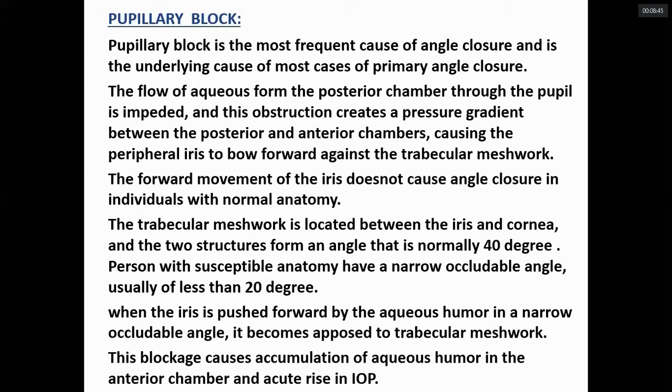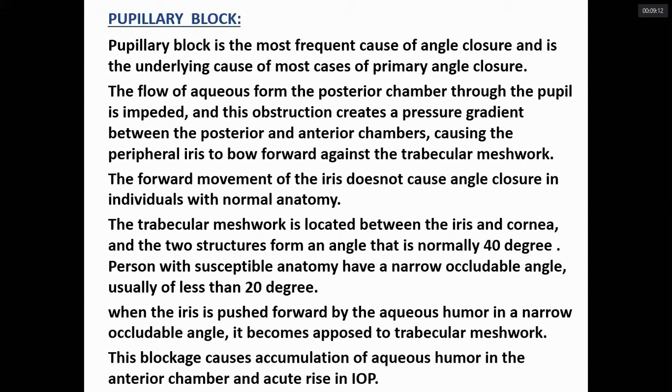The trabecular meshwork is located between the iris and cornea, and this structure forms an angle that is normally 40 degrees. So we normally have a 40 degree angle between the iris and the cornea, and a person with susceptible anatomy has a narrow occludable angle, usually of less than 20 degrees. That forms a narrow angle by itself.